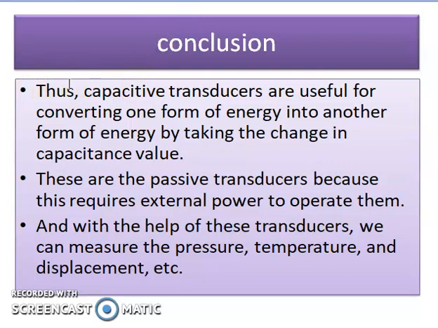Now, in this video, we covered that capacitive transducers are useful for converting one form of energy into another form of energy by taking the change in capacitive value. These are passive transducers because they require external power to operate. With the help of this transducer, we can measure pressure, temperature, displacement, etc. These are the main points of capacitive transducers.